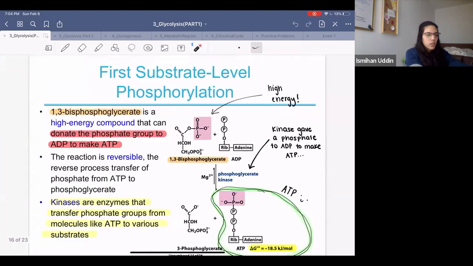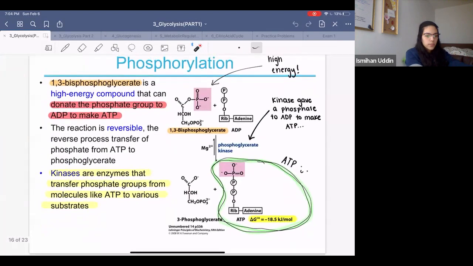First level substrate phosphorylation. 1,3-bisphosphoglycerate is a high energy compound that can donate a phosphate group to ADP to make it into ATP. Lovely. The reaction is reversible, in the reverse process transferring phosphate from ATP to phosphoglycerate. Kinases are enzymes that transfer phosphate groups to molecules like ATP.